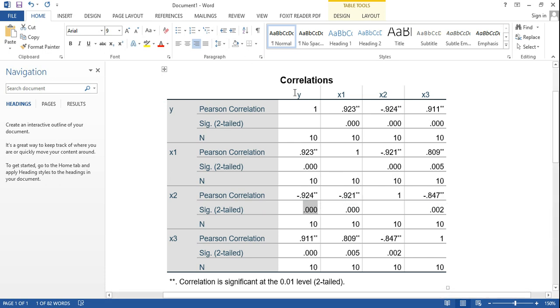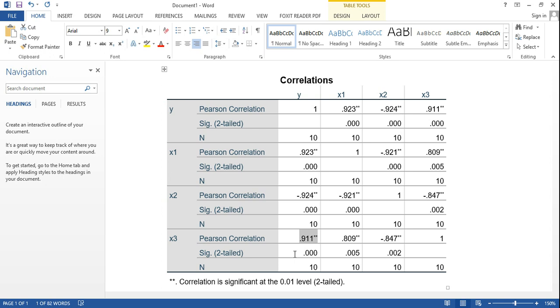Then we can consider y and x3. Here we see the Pearson correlation shows a strong positive correlation between y and x3. We can say with the increase of 100 of y, x3 will increase 91.1.